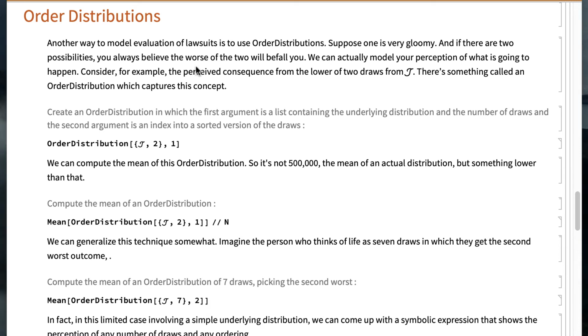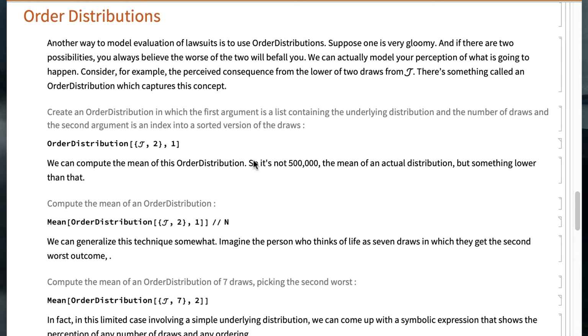Another way to model lawsuits is, instead of using certainty equivalent wealth, to use order distributions. Suppose you are very gloomy, and if there are two possible outcomes, you always believe the worst of the two will befall you. Well, that actually lets us use order distributions to model your behavior and your evaluation of lawsuits.